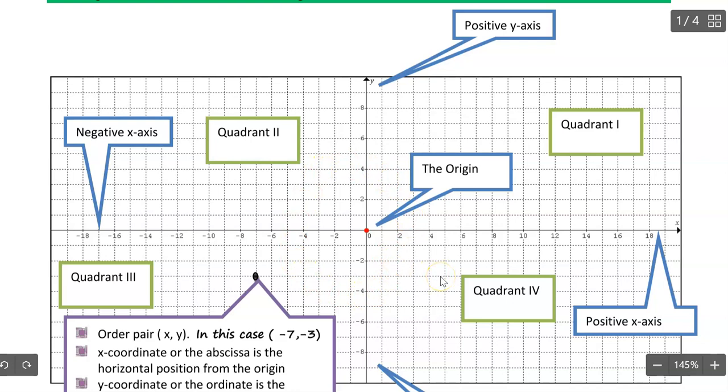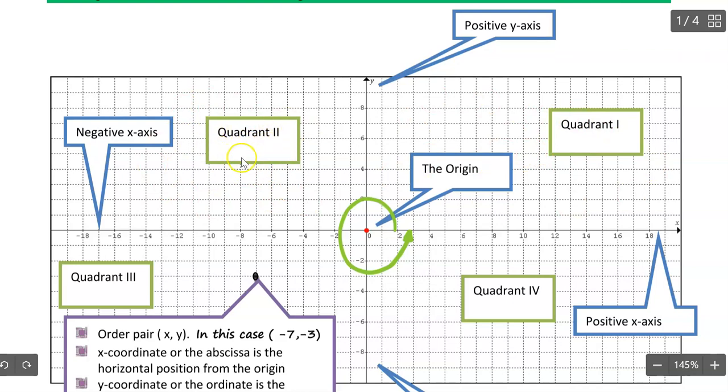Let me draw that arrow for everyone to show I'm going counterclockwise like this. I'm starting from quadrant 1 and going to quadrant number 2. Each quadrant has its own characteristic representing all the numbers in here.